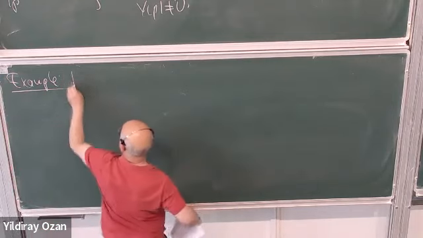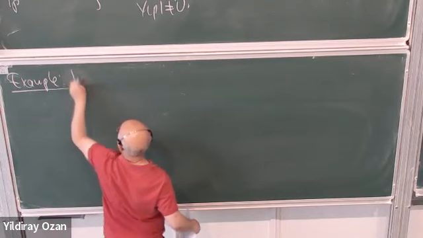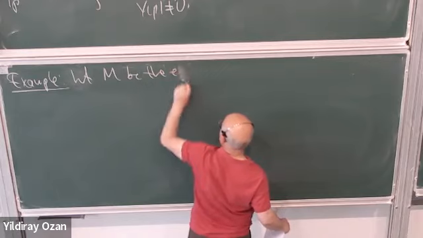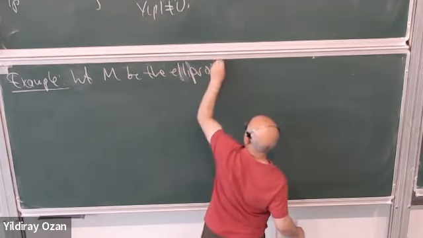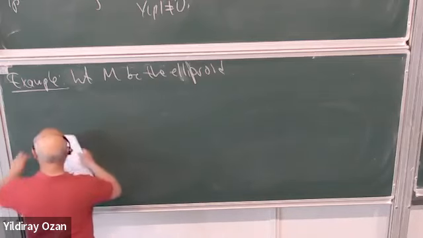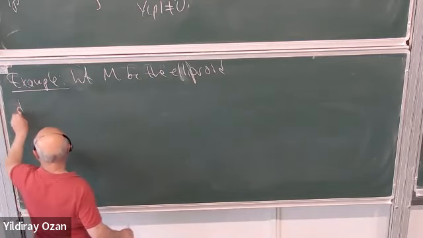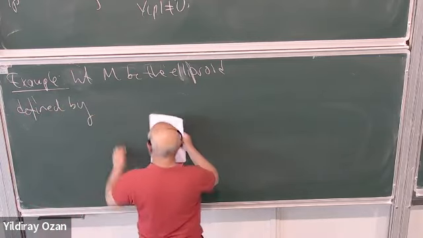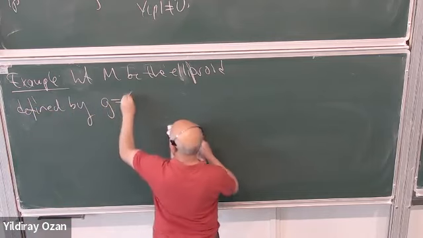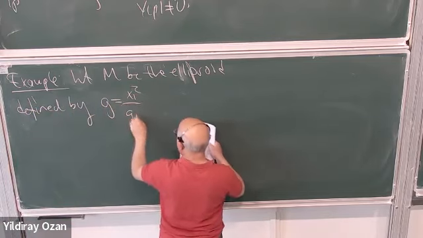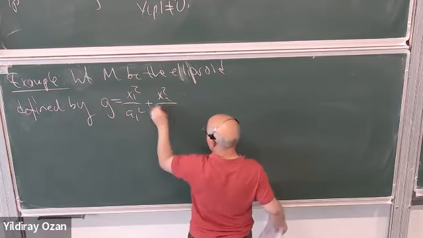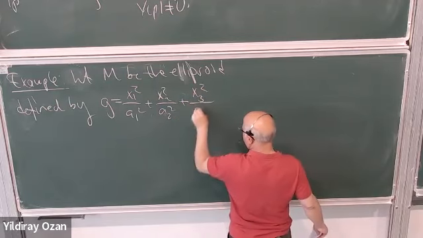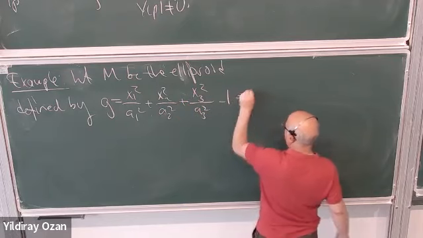Let M be the ellipsoid defined by G: x1 squared over a1 squared plus x2 squared over a2 squared plus x3 squared over a3 squared minus 1 equals 0.